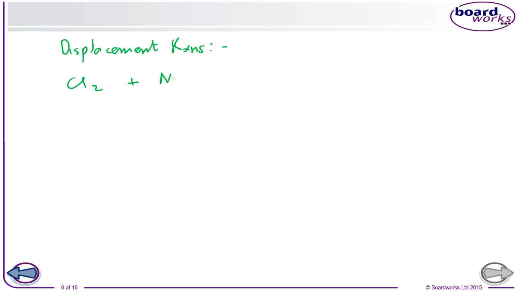So chlorine maybe with aqueous sodium bromide. If we think about that, a bromide ion is at -1, chlorine is 0. So if chlorine is a better oxidizing agent than bromine, it should oxidize our bromide ion to bromine, because that's the only oxidation that it can do. And if we did this in a test tube, you would indeed see that that's exactly what happens.